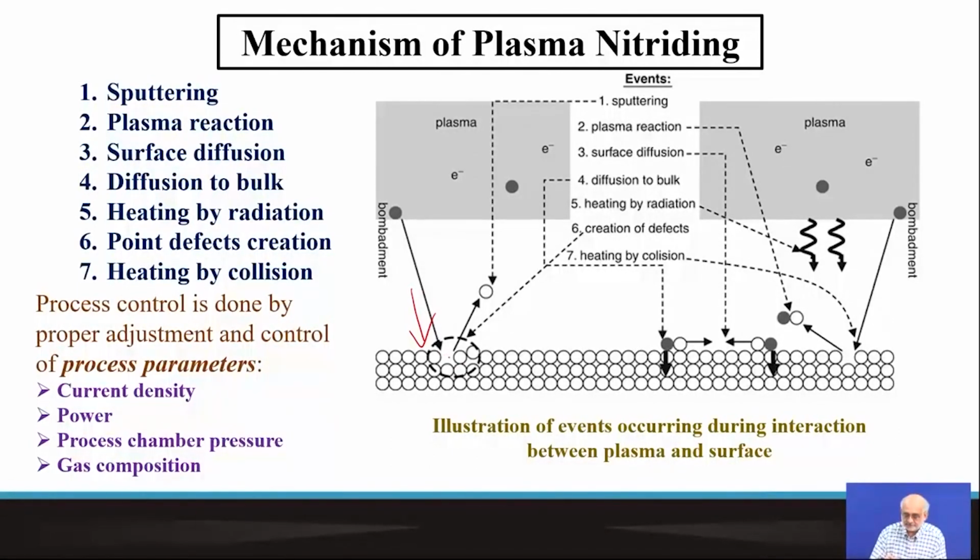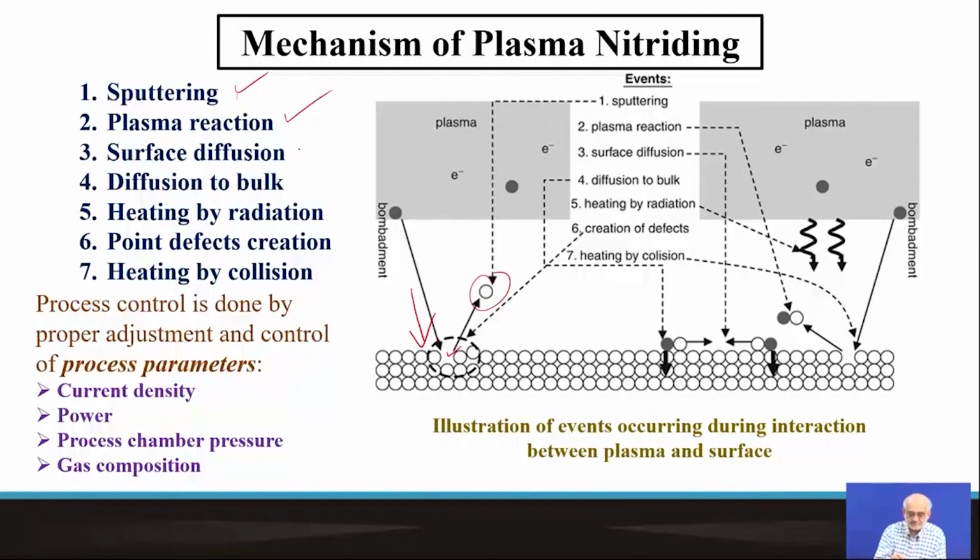This could be a nitrogen-hydrogen mixture, or it could initially be argon-filled chambers, so that the argon ions can be accelerated to sputter some of the atoms from the surface, which in turn can create certain defects. So the first stage is the sputtering stage, which also removes the oxide layer to a large extent and cleans up the surface, making subsequent nitriding more efficient and possible.